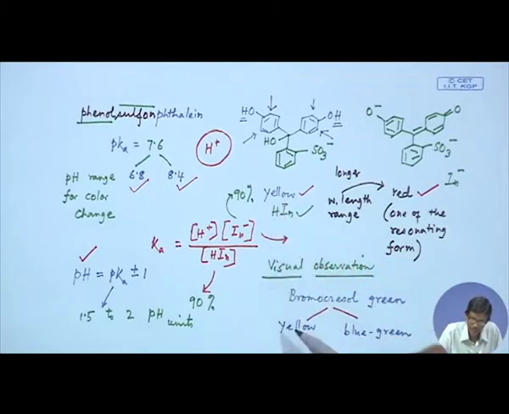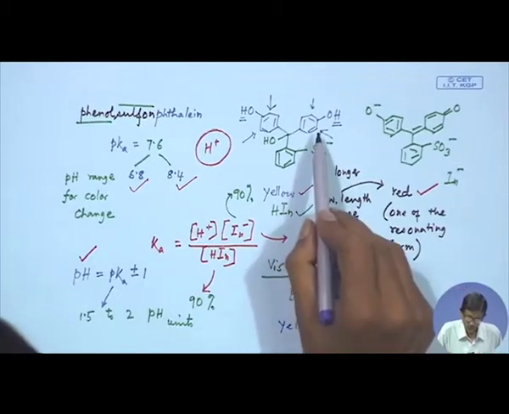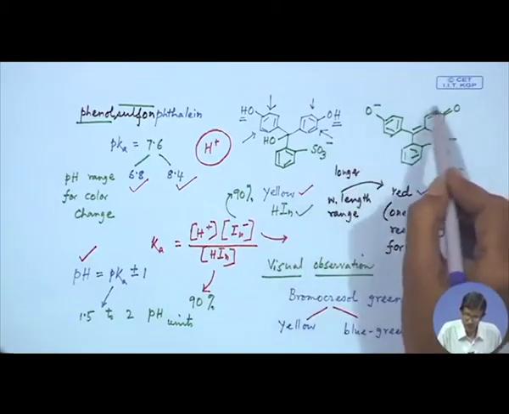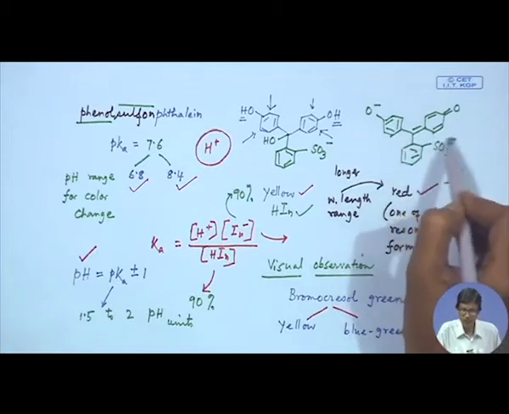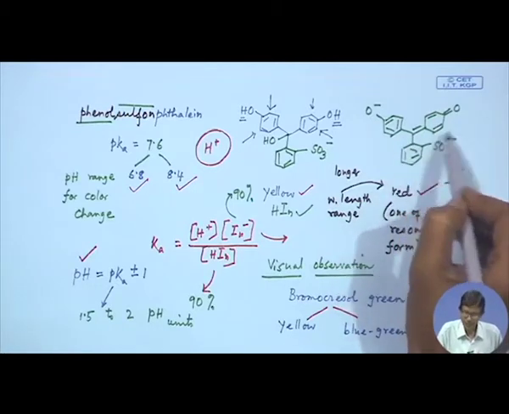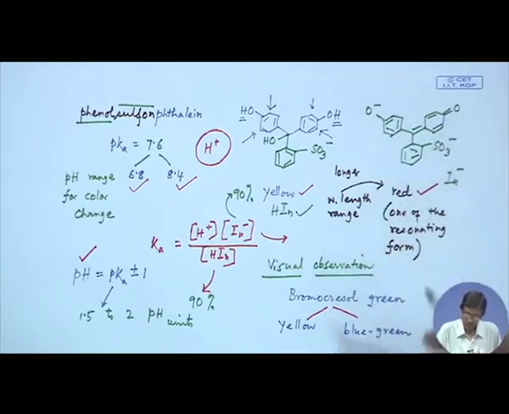So, the HIn color for bromocresol green will also be yellow, but the corresponding anionic form, that means the form which is giving you the extended conjugation, so your energy values are changing in that particular way, is blue green in color. That is why its color change for this particular range is different, and its color change pH is from 3.8 to 5.4.